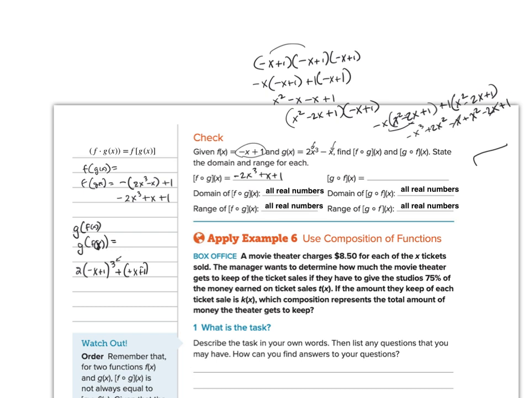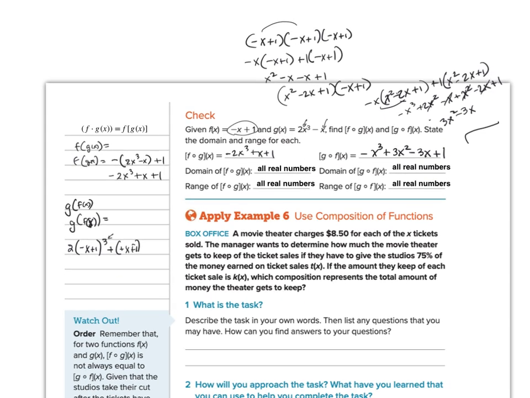This simplifies to negative 3x, and this simplifies to 3x squared. So I have negative x cubed plus 3x squared minus 3x plus 1. So a little bit more work there, but it's definitely something we can handle.